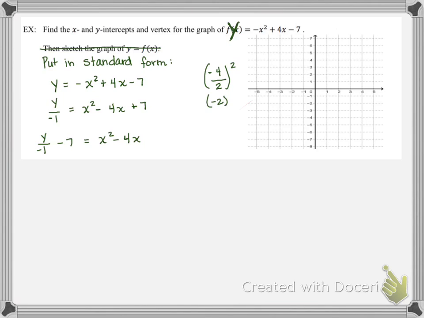So -2 squared is 4. So we have y over -1 minus 7 plus 4 equals x squared minus 4x plus 4. So combining like terms over here, I get -3. And then factoring gives me x minus 2 squared.